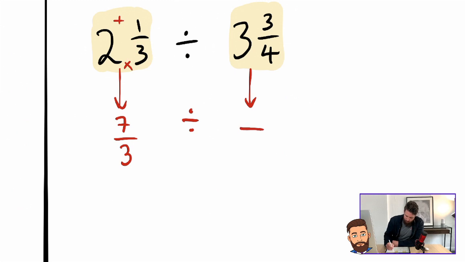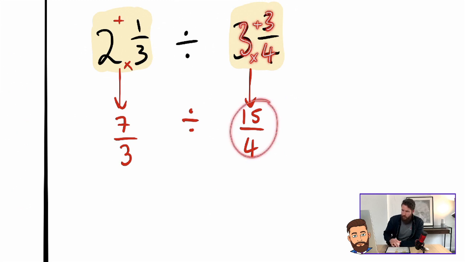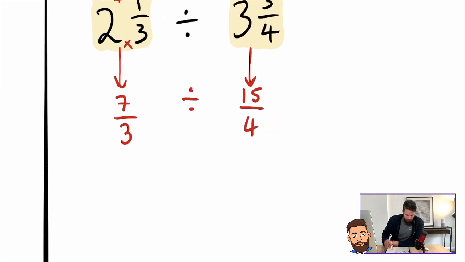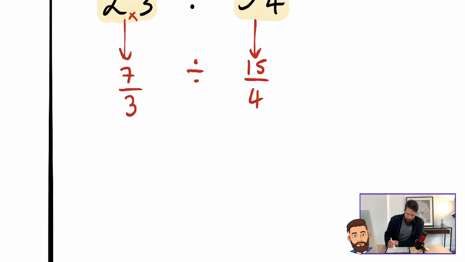This one we could always just fill in. The denominator is going to be 4. It's going to just be the same. And the top is going to be 4 times 3 is 12, plus 3 is 15. Okay. So again, 4 times 3 is 12, plus 3 is 15. So now we've changed them into improper fractions.